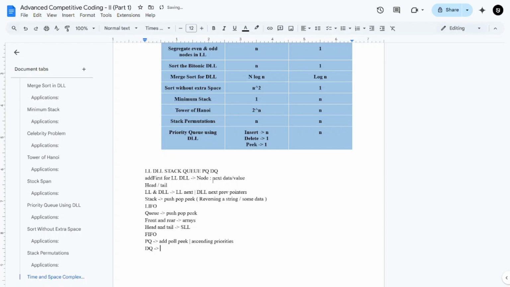So on the front side we can have remove and add both at the time, and on the rear end also rear side we can have add and remove at the same time. ठीक है, एक साथ कर सकते हैं, दोनों एंड से हम निकाल भी सकते हैं, डाल भी सकते हैं elements को. We can insert also, we can remove also, we can add also, delete also.